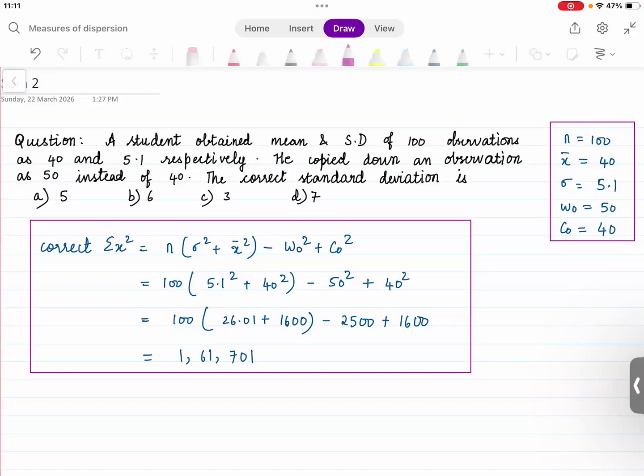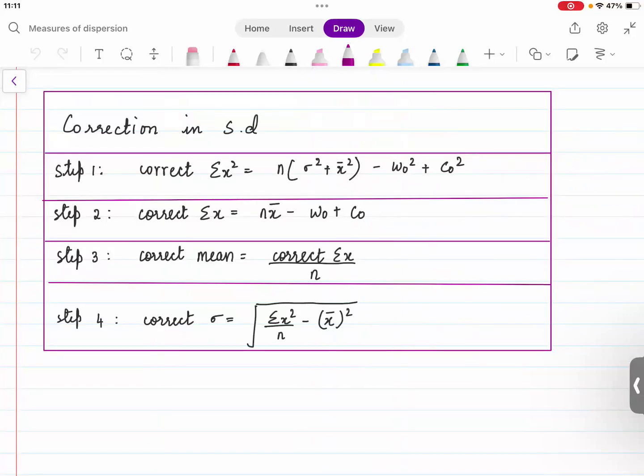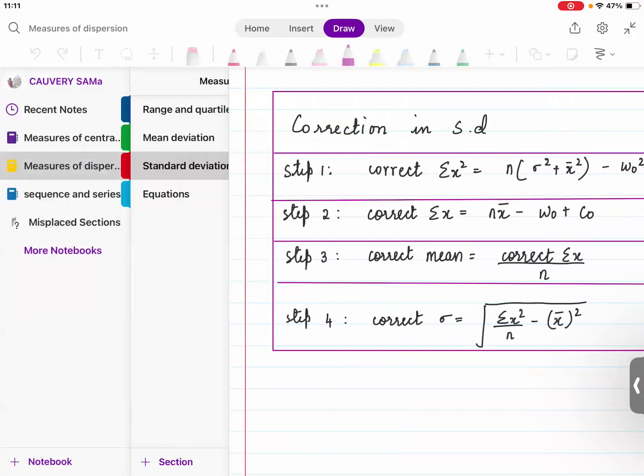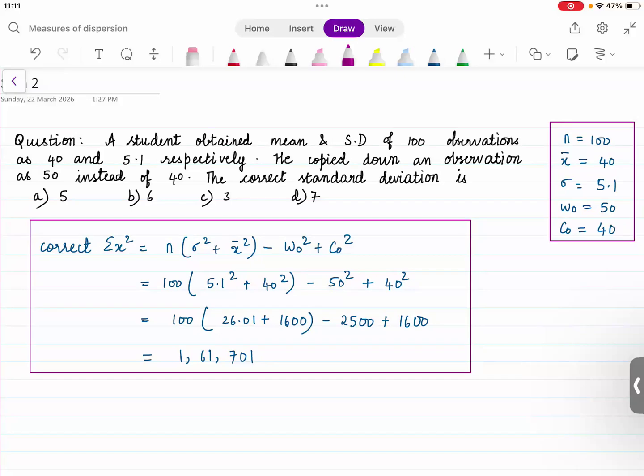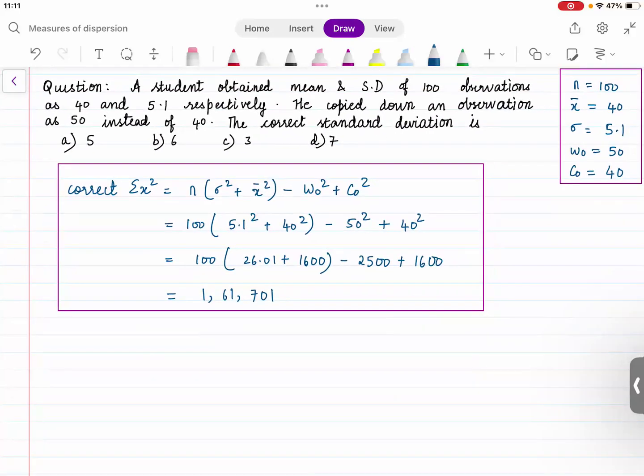Now let us do step 2. What's the formula for step 2? We have to find the correct value of summation x using the formula n x bar minus wrong observation plus correct observation.